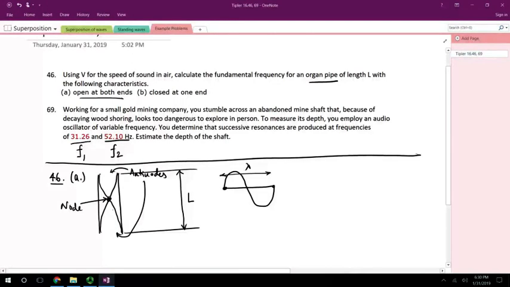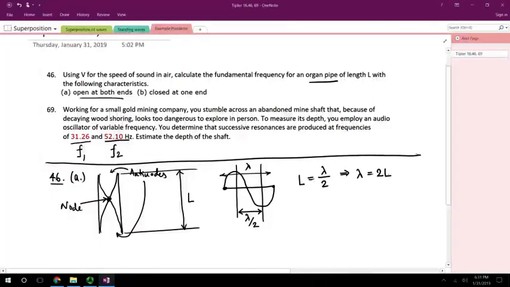But in this particular problem, we have two consecutive antinodes separated by one node, so the picture over here is just this part. That distance is lambda over 2, half the wavelength. So L must be equal to lambda over 2, or we can write this as lambda equals 2L.